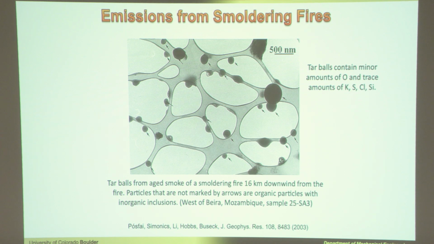You need that high temperature to help you get rid of the hydrogens. A smoldering fire does not do that, so you end up with these less mature particles. They're going to coalesce, they're going to accumulate other hydrocarbon species, they're going to grow, and people are starting to really focus on these tar balls.